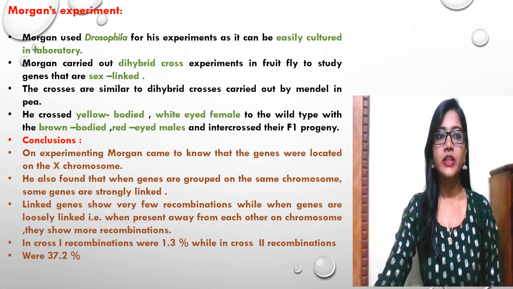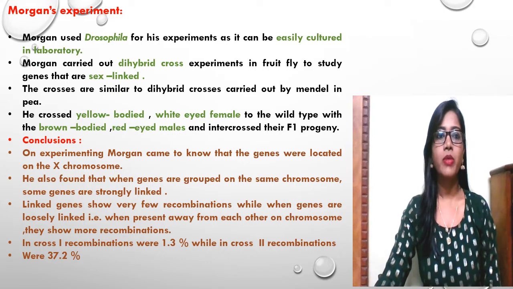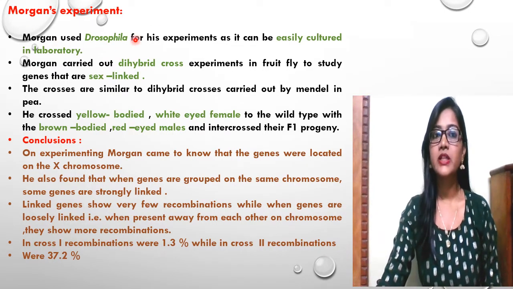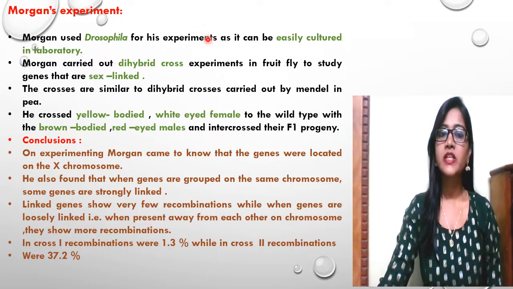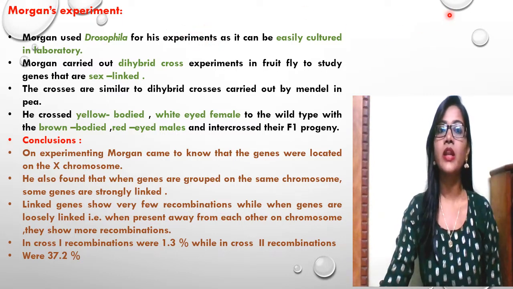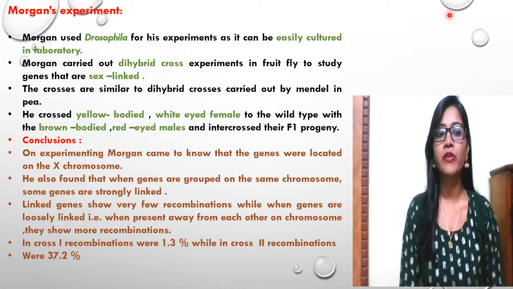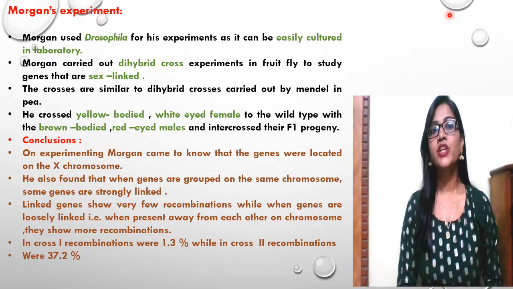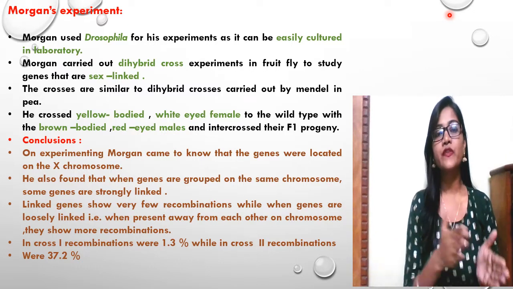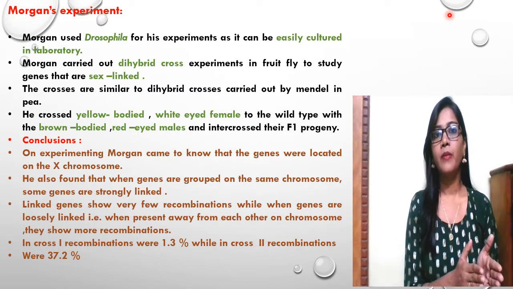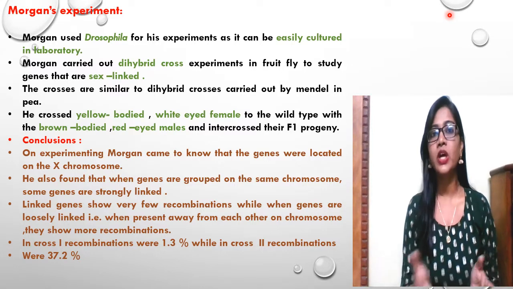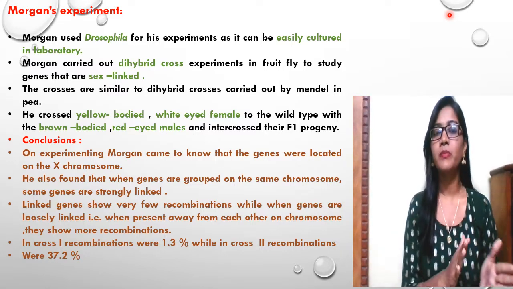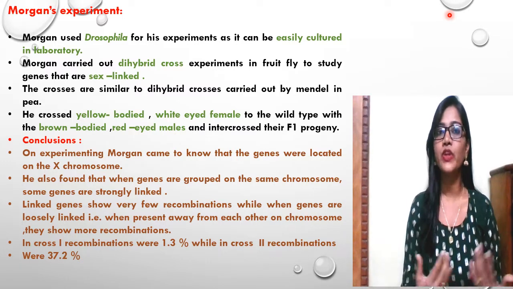So in this slide we are going to talk about Morgan's experiment. We have studied Mendel's experiment, and in Mendel's experiment, Mendel experimented on the Pisum sativum plant, and he observed some processes. He talked about the transfer of genes from one generation to the next, that something is getting passed, and he termed that something as a factor, that we know, right?